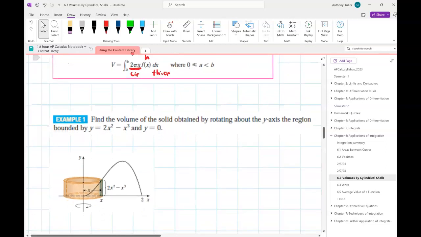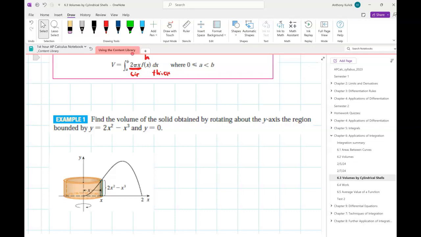Okay. So let's go back to this motivating problem, the one that we saw that was going to be a big issue trying to use our washer to do. And let's attack this now with these cylindrical shells.